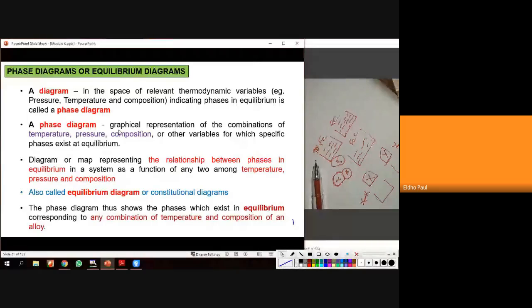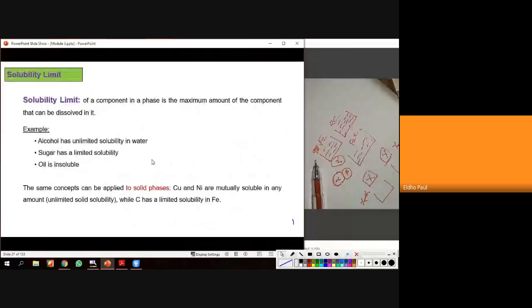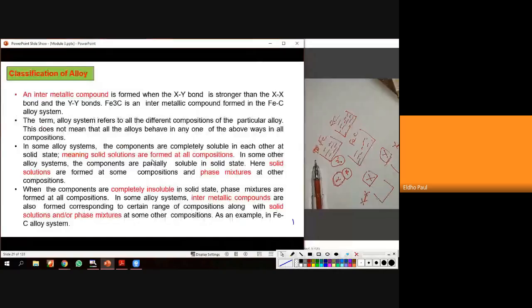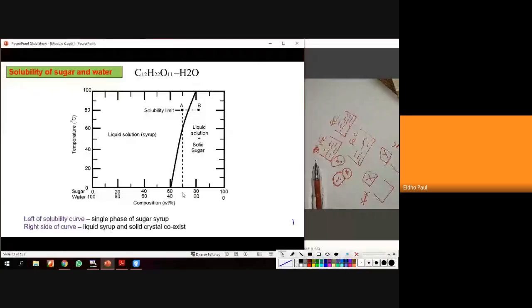Okay, in all these phase diagrams, for example here in the sugar syrup case, we cannot see any pressure term, because we maintain a constant pressure of 1 atm.